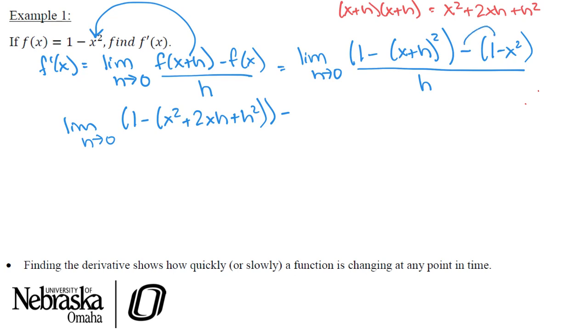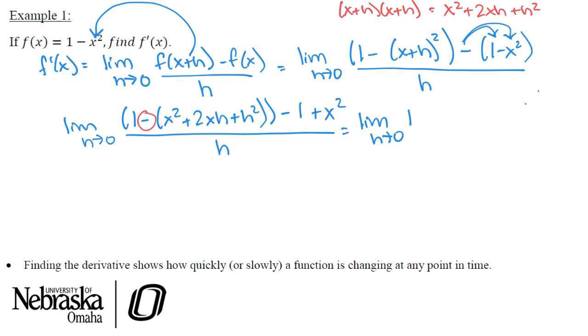So let's distribute that negative to each of these terms. We get minus 1 plus x squared over h. And for the first term, we still have to distribute the negative out front to each term in the parentheses. So we get 1 minus x squared minus 2xh minus h squared minus 1 plus x squared, all divided by h.